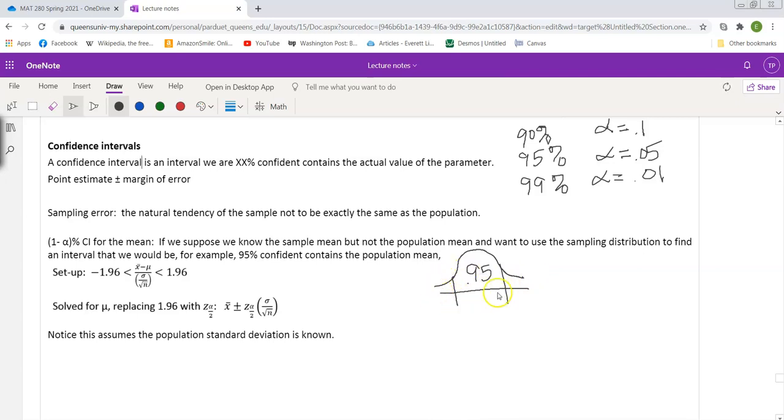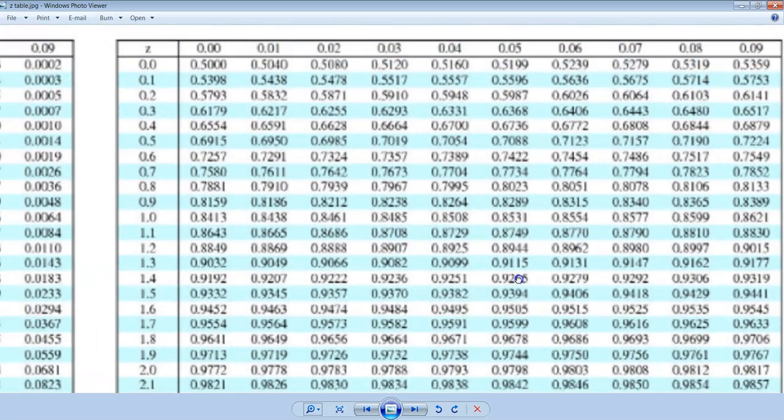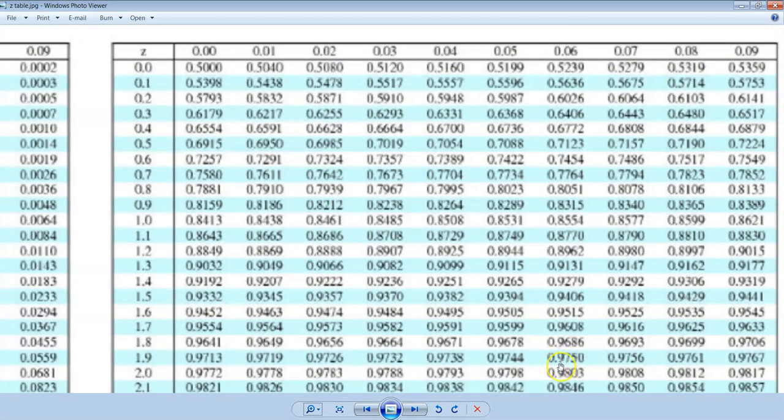And so we've got 0.05 together in the tails, so it's going to be 0.025 in each tail, which means this whole area to the left of z is 0.975. So if we go over here to our z table and look up 0.975, 0.975 is right there. And that corresponds to a z of 1.96. So that's where that comes from.